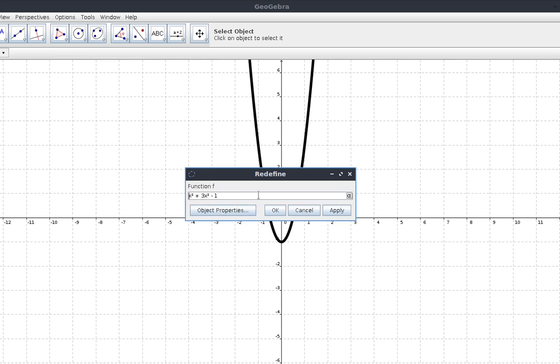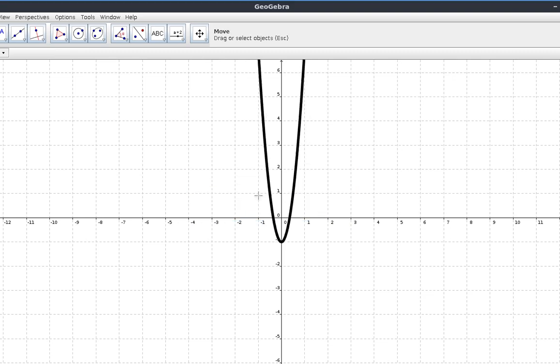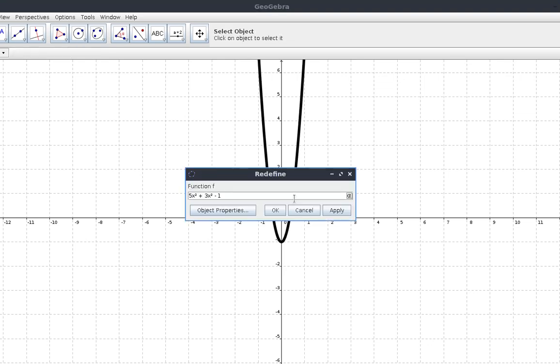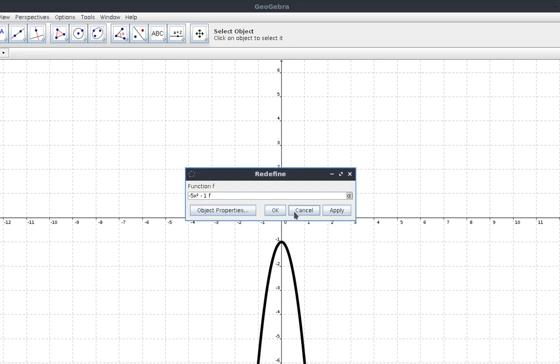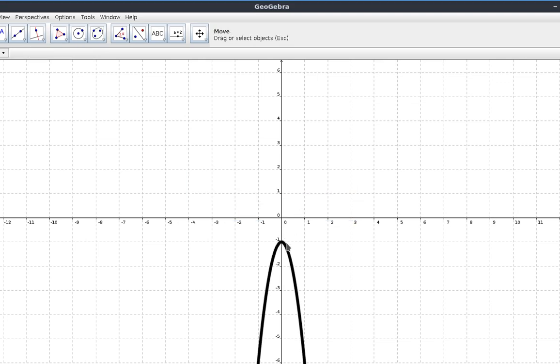And if I do this now, let's say I have negative 5x squared minus 1. This is an absolute maximum because it's quadratic and there are no points that are higher than it. So it's a maximum point. All right?